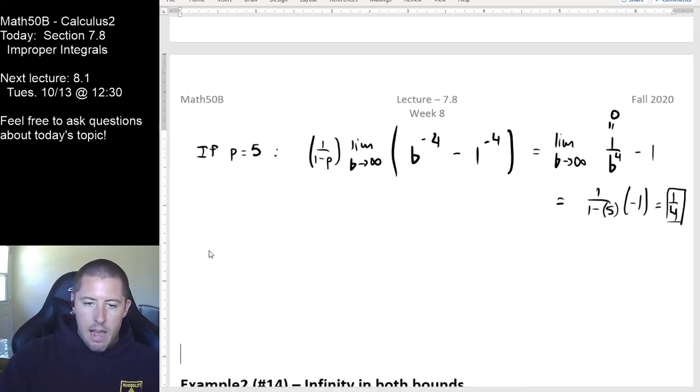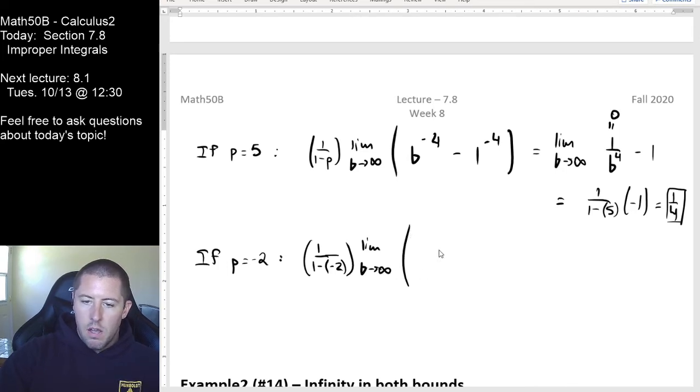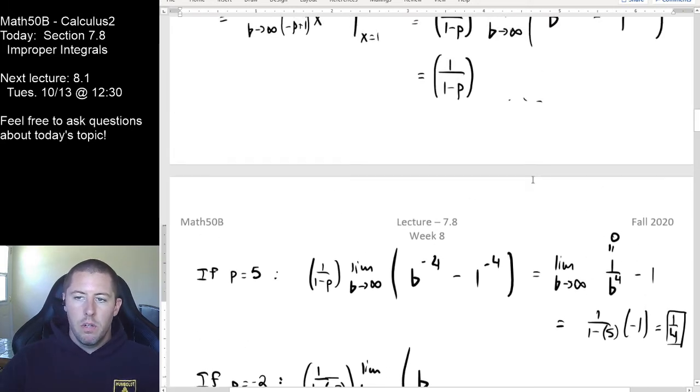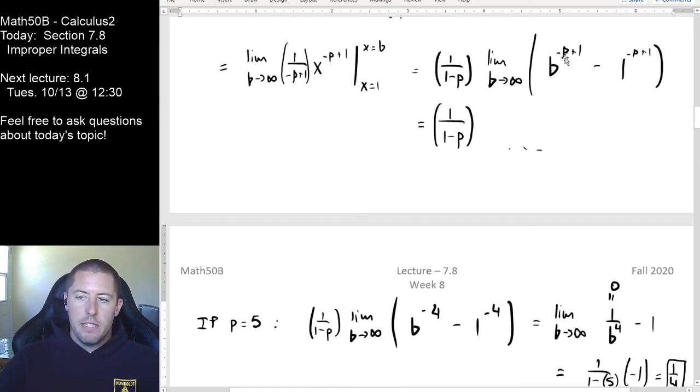However, notice that, for example, if p equals negative 2, then we're going to get 1 over 1 minus negative 2, limit as b goes to infinity of b to the, now, if p is negative 2, let me come back up here, then overall I'm getting a positive 3 power up here, right?